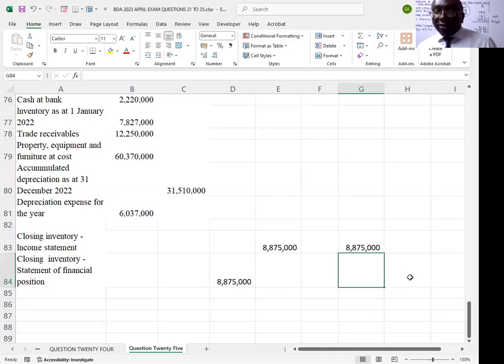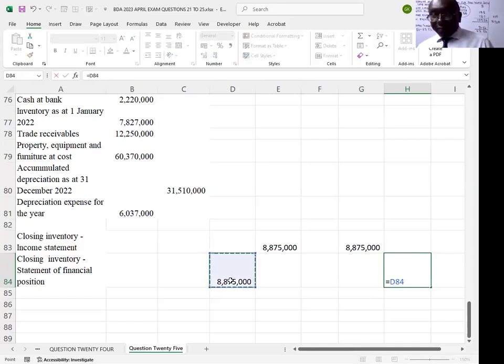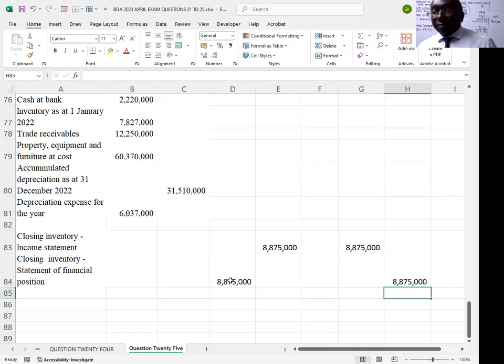This one is going to go to the statement of financial position as a current asset, so we debit it. So those are the transactions that pertain to the closing inventory.